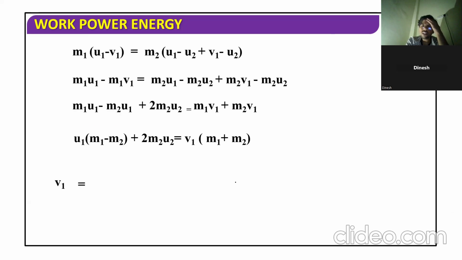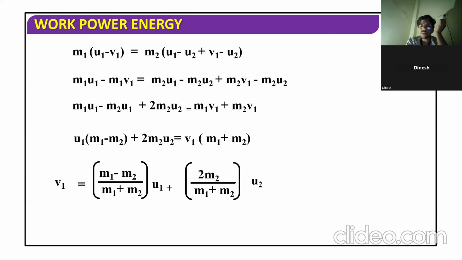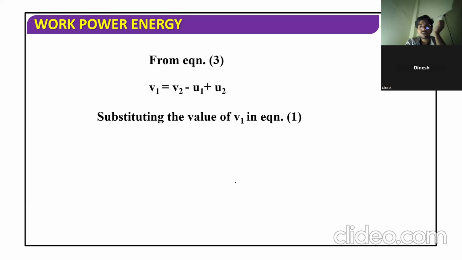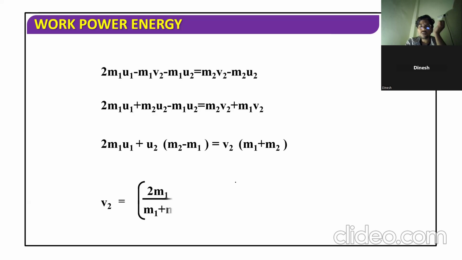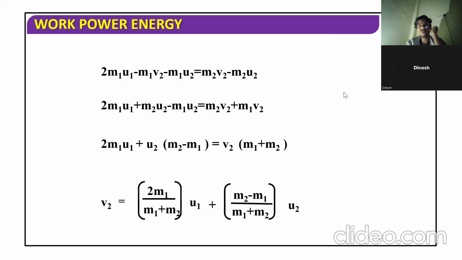This is a simple derivation. This thing you should remember. What is V1, what is V2? If you remember, okay, otherwise no need to worry. Just apply conservation of momentum and you will get it.